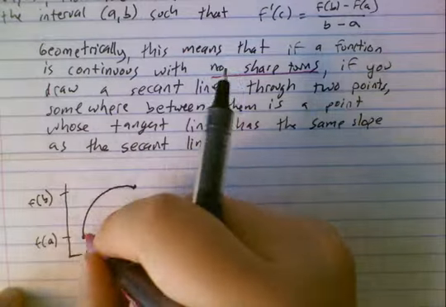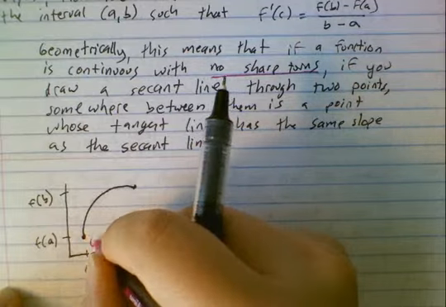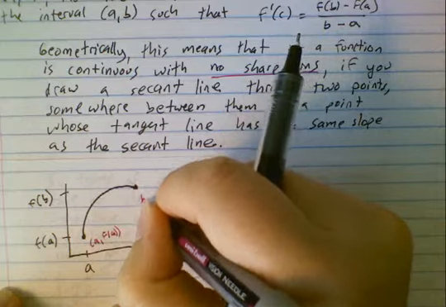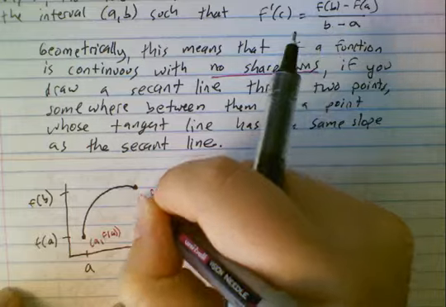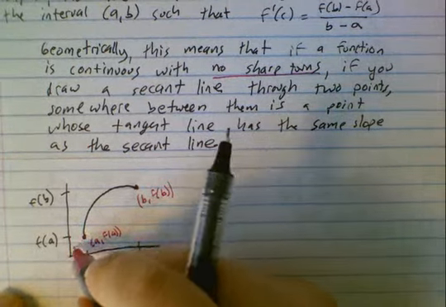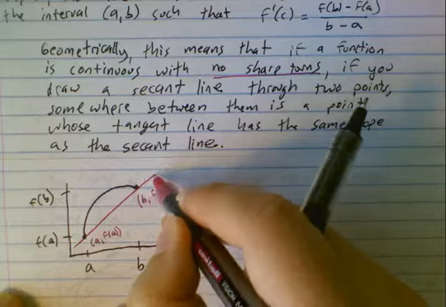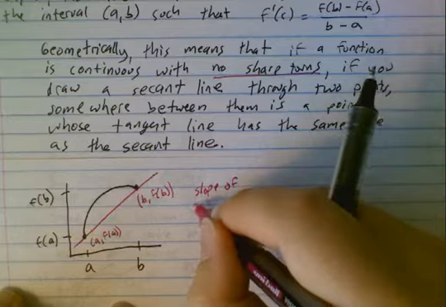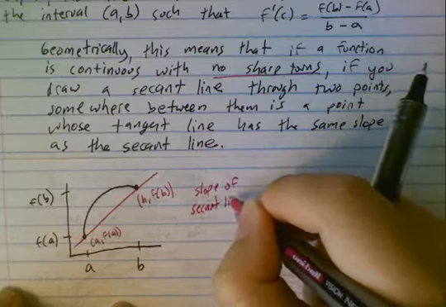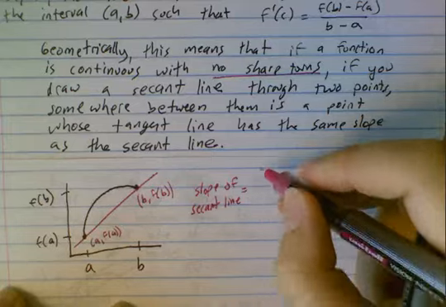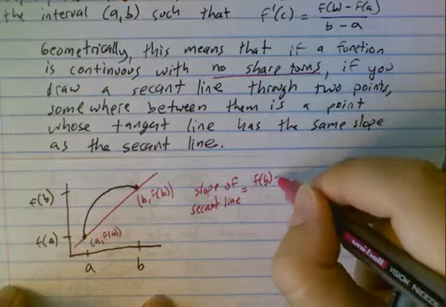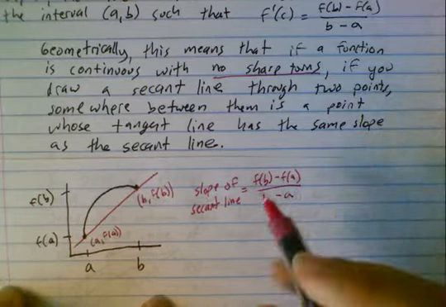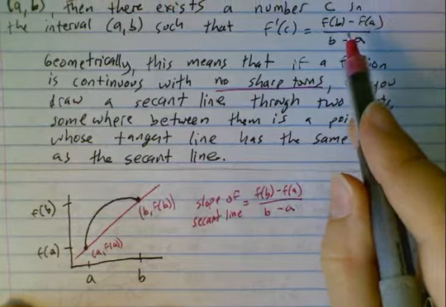This point we know is the point A comma f of A, and this point we know is the point B comma f of B. And if we draw a secant line right through those, we can find the slope of the secant line by doing f of B minus f of A, that's change in y, over B minus A, that's change in x. So that's this little part right here.